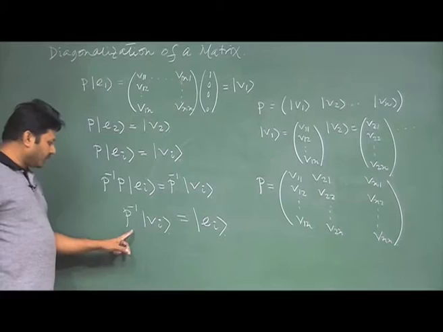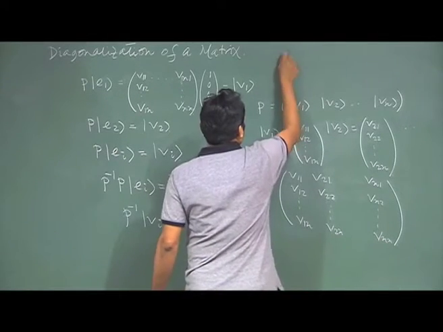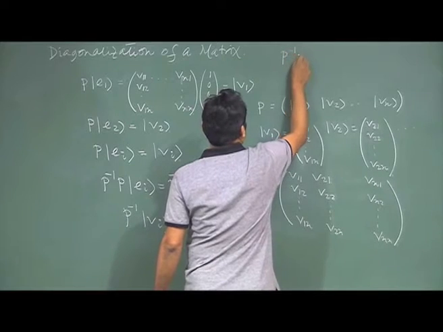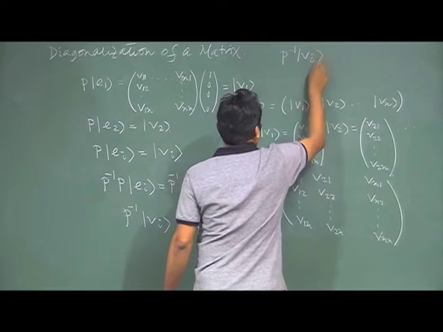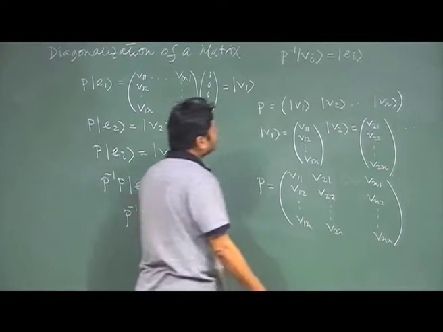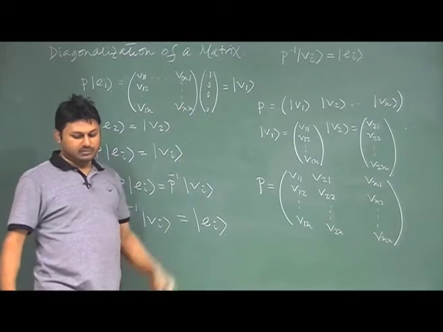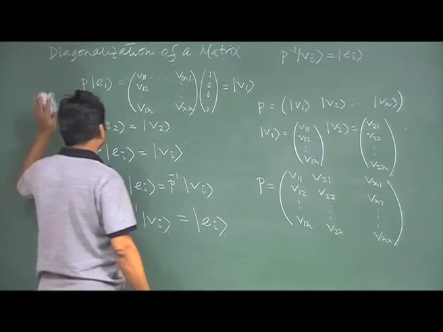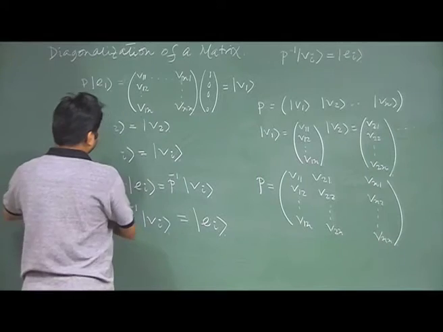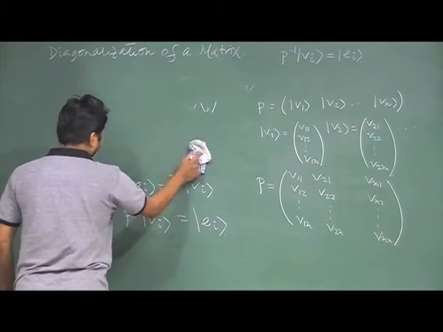Let me write this outcome here: P inverse of Vi is Ei. I am going to use this expression to prove that this similarity transformation will diagonalize.